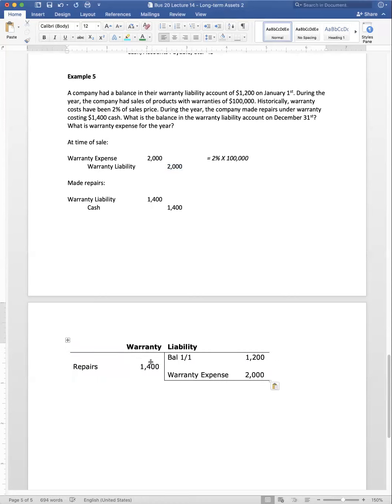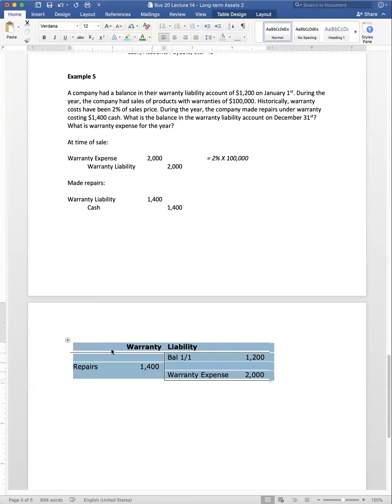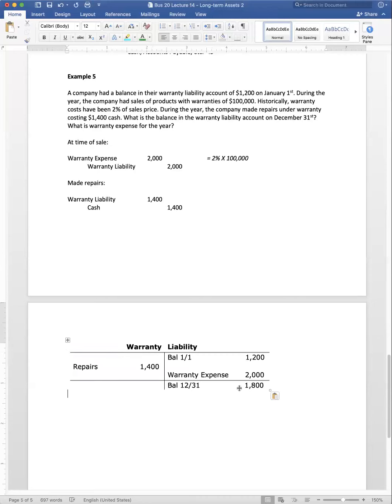All right, so now we can add everything up to determine what our ending amount is. So if we add up the entire T account, if we take $1,200 minus $1,400 plus $2,000, that's going to give us an ending balance in the warranty liability of $1,800.